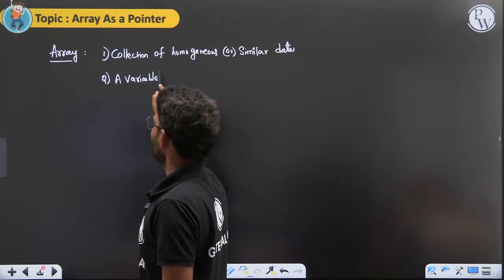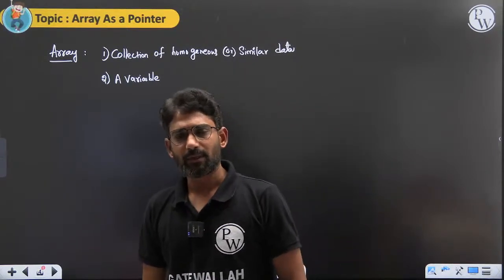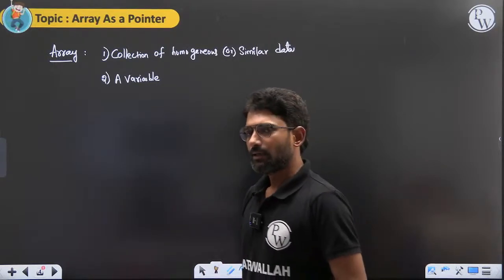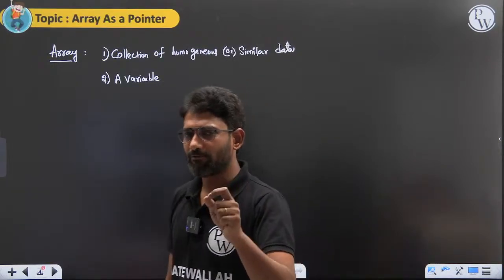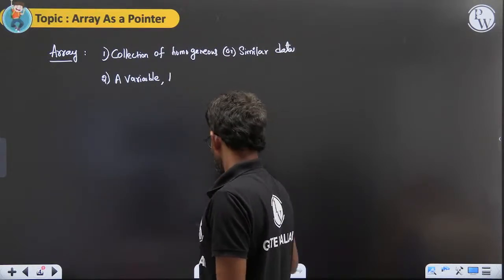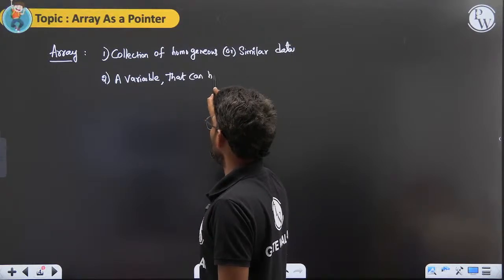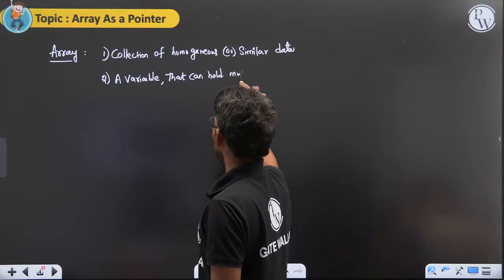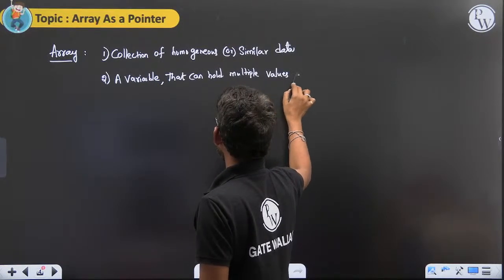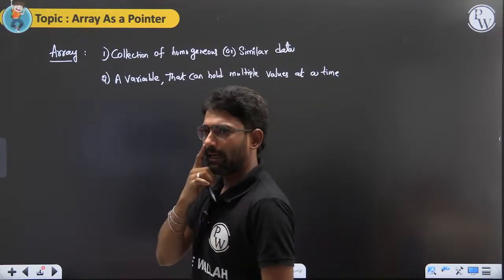Like we have variables created using a data type, array is also a variable, undoubtedly. But a variable stores one value at a time, while this variable can hold multiple values at a time. So in this way we can define an array.